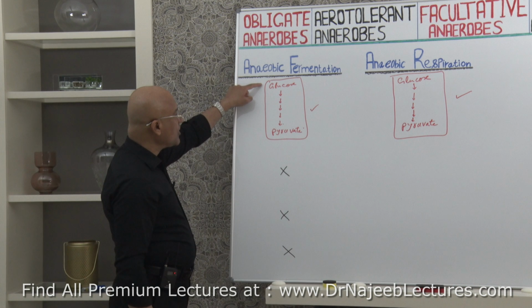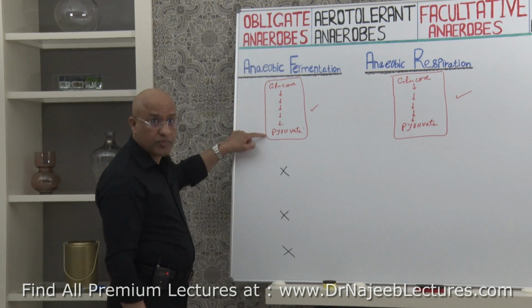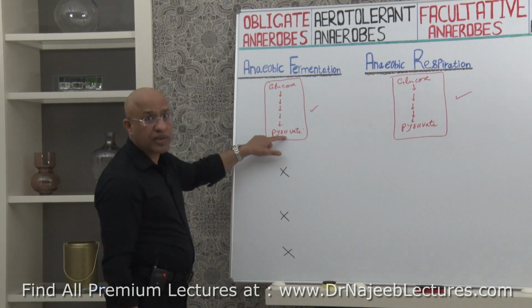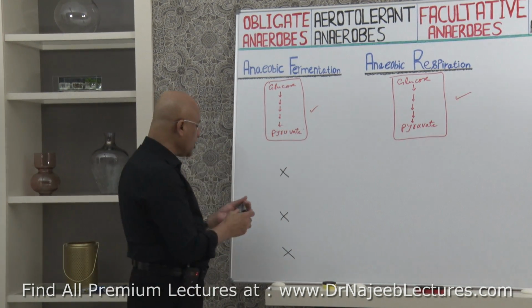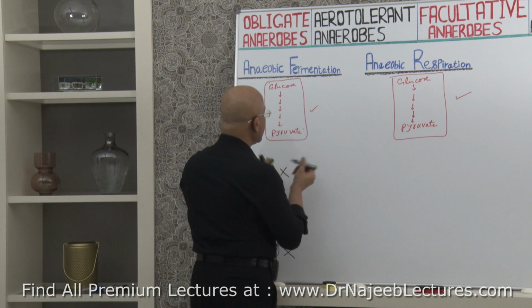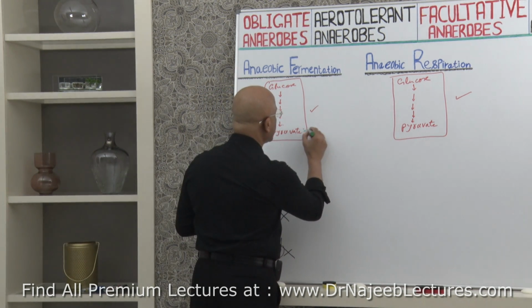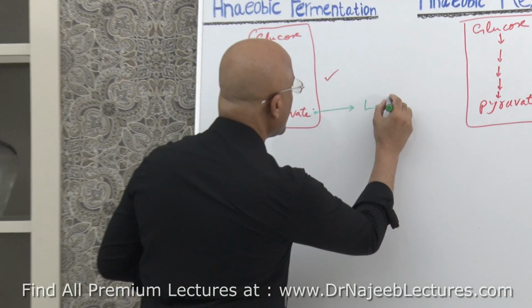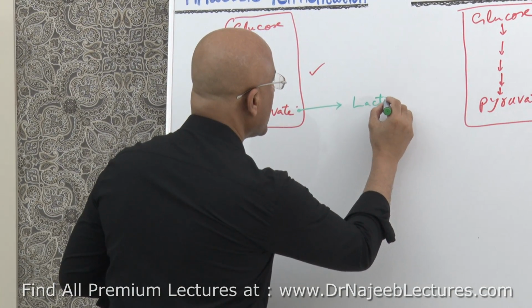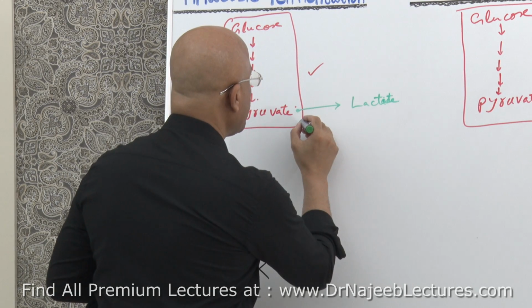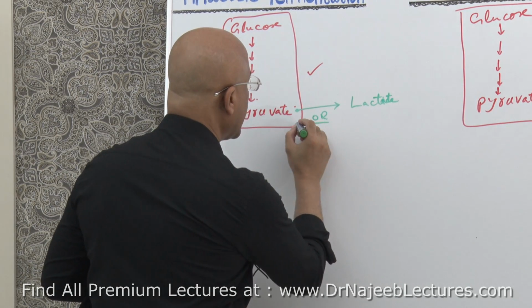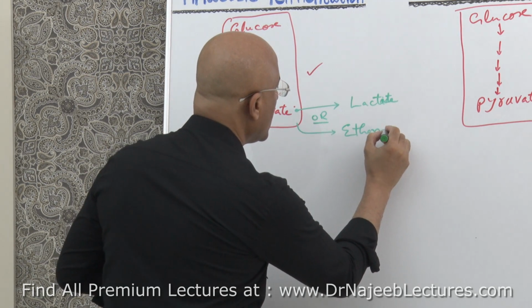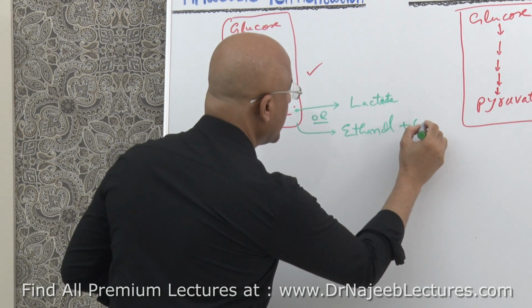The nutrients are partially broken down, right? And the last product of glycolysis undergoes some other reaction, and it can be converted, let's suppose, into lactic acid, lactate, or it can be converted into ethanol and carbon dioxide.